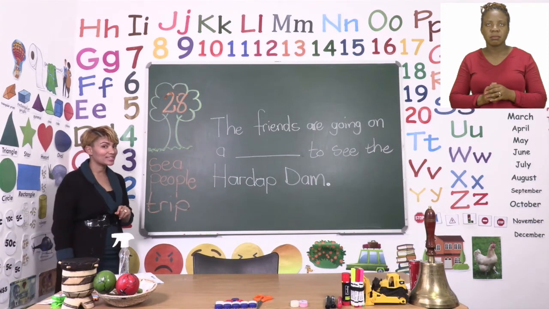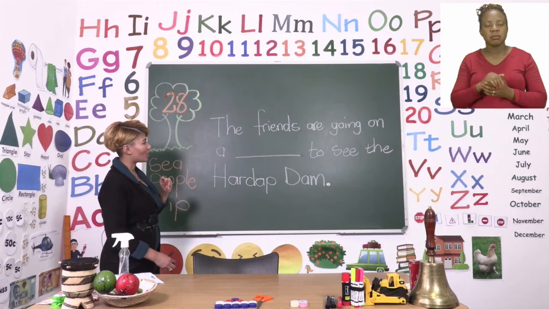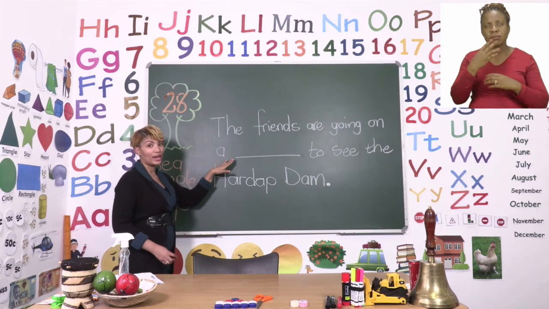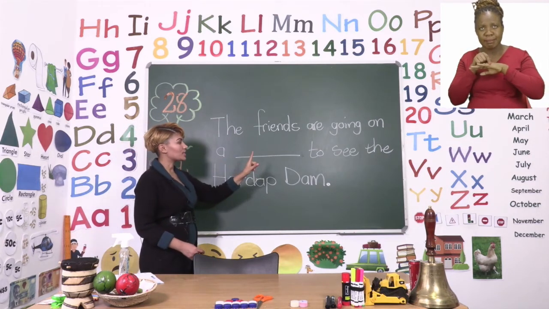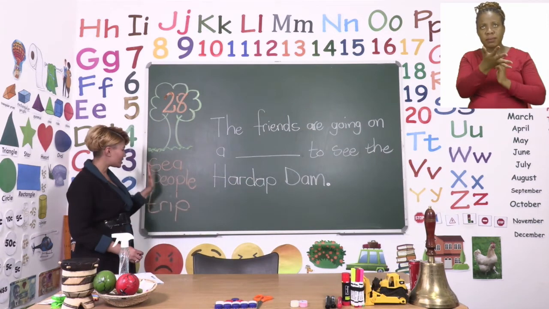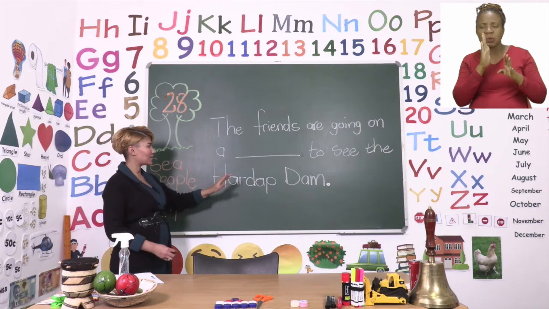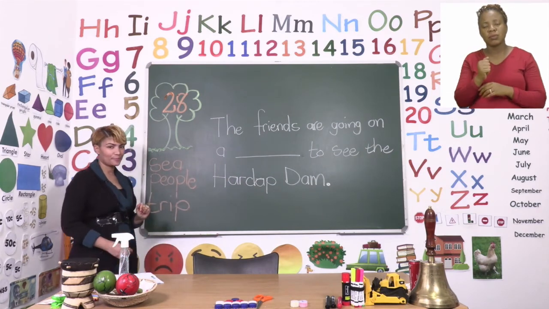Now, let's read the sentence one more time. The friends are going on a blank space to see the Hardap Dam. Now let's quickly try these words and see which word will fit best in this blank space.